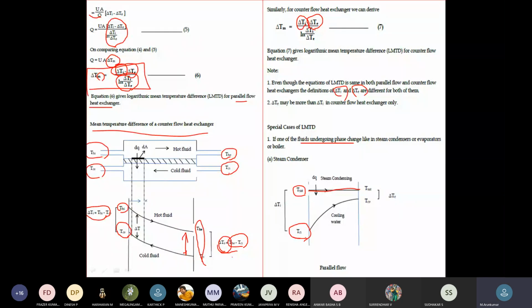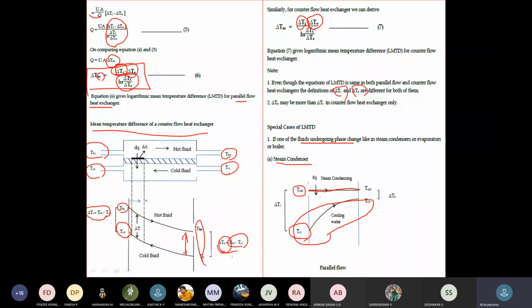So just refer to the steam condenser, right? This is the principle of the steam condenser. In a steam condenser, we are passing steam, and that steam has only the saturated temperature. That saturated temperature is transferred to the cooling fluid.